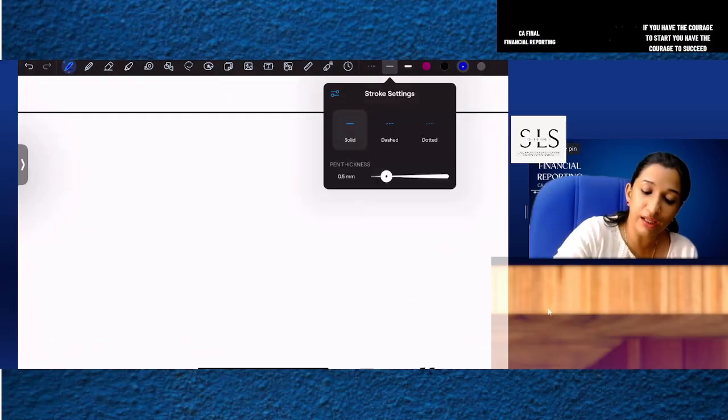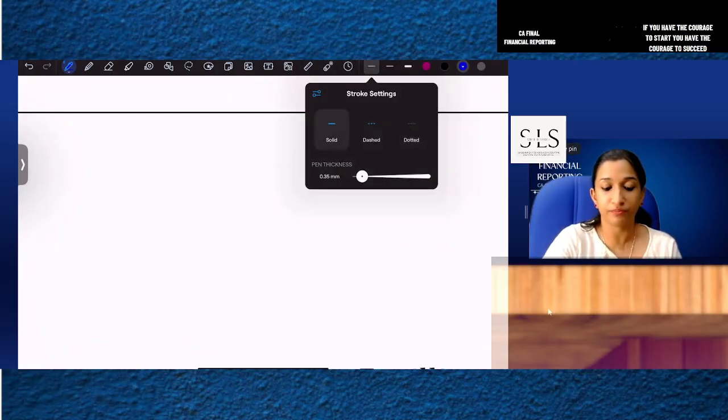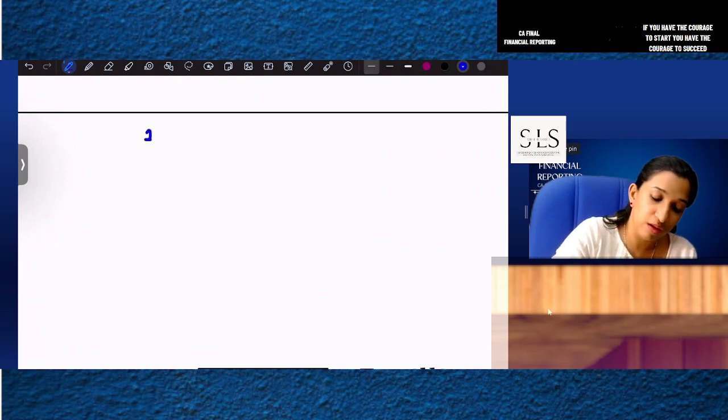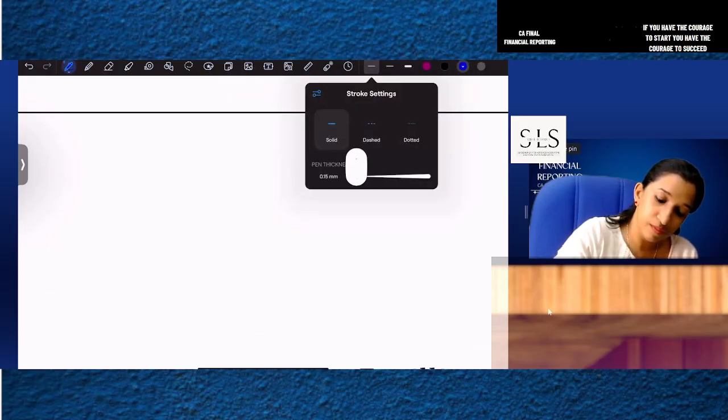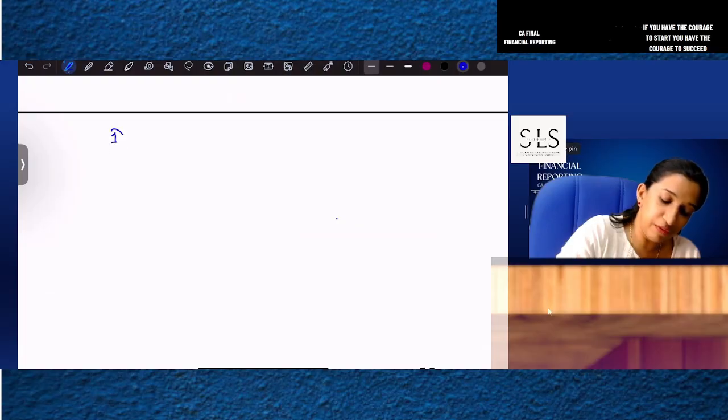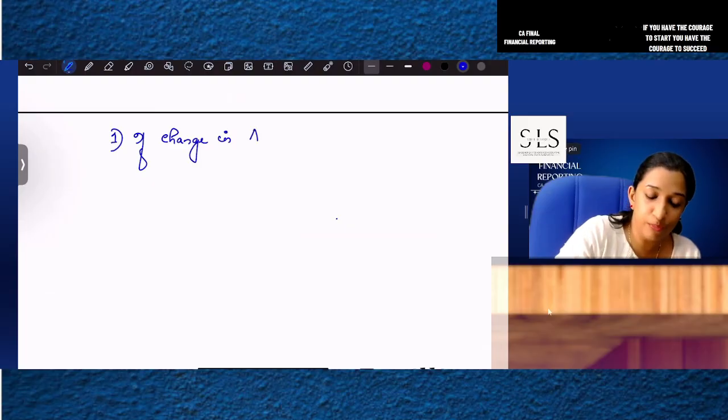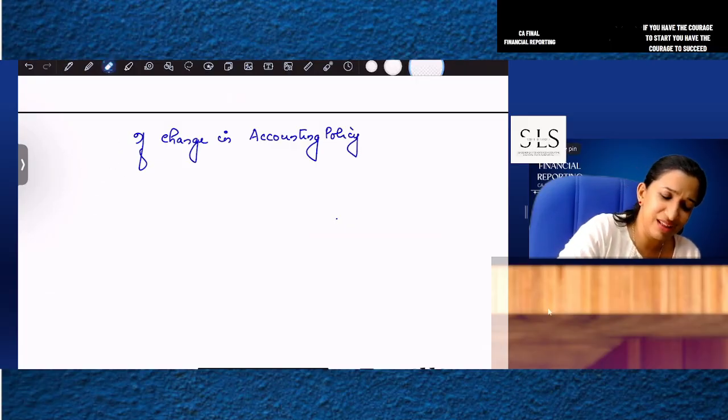Okay, fine. Now, what is the rule when there is a change in accounting policy? I'm writing this because I want you to be very clear with this.